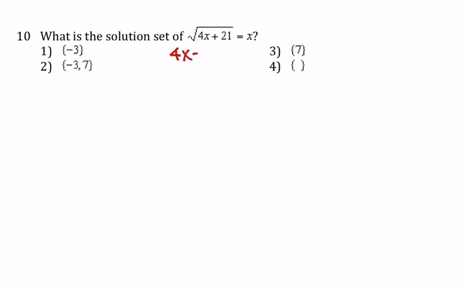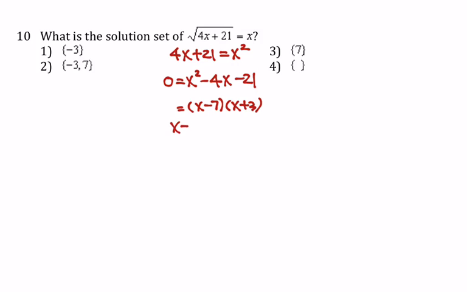Another question of the same kind. Square both sides. Set one side equal to 0. Then now we factor. Then find the values of x, 7 and negative 3.